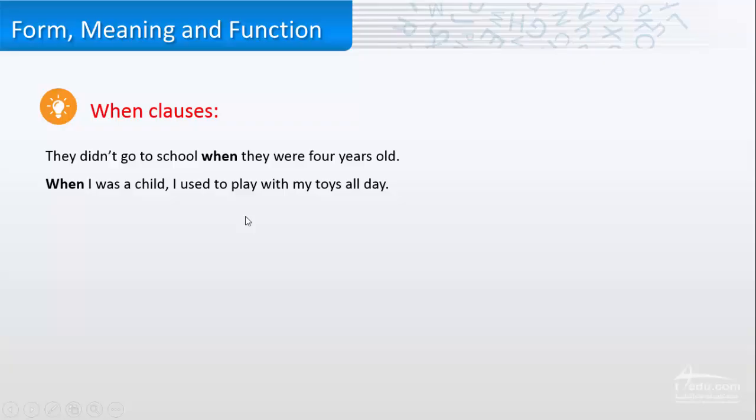But the only thing that you have to focus on is that when you connect two sentences with when, if you use the first one in the past, like didn't, the second one must also be in the past, like was, used to, okay?